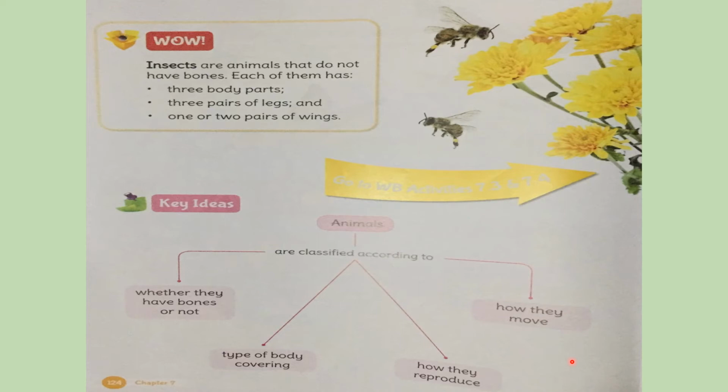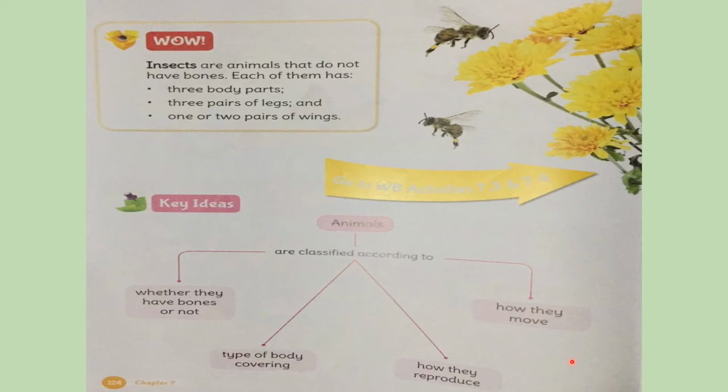Also the frog, they can walk, they can hop, but they can swim too. Also the turtle, they can crawl, and they can swim too. But the snake, they can glide, but they can swim too on the water.